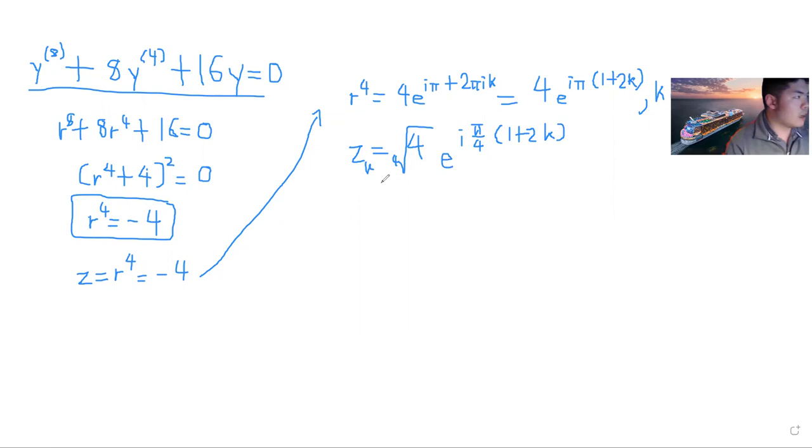And 4 to the 1/4, that's 2 to the 1/2, which is the square root of 2. So z_k equals root 2 e to the power of i pi over 4 (1 plus 2k).